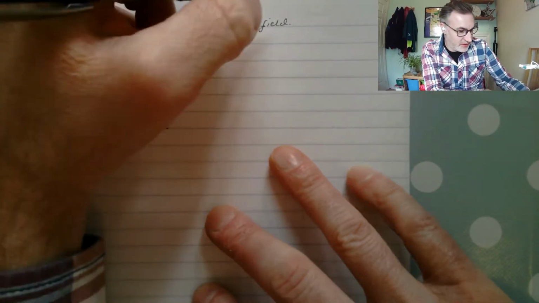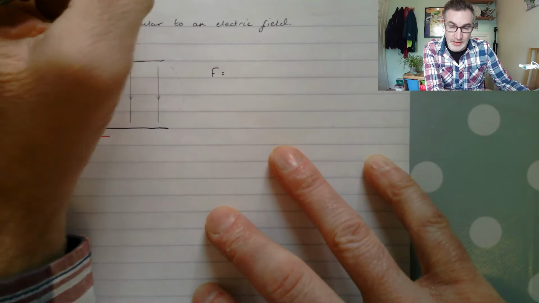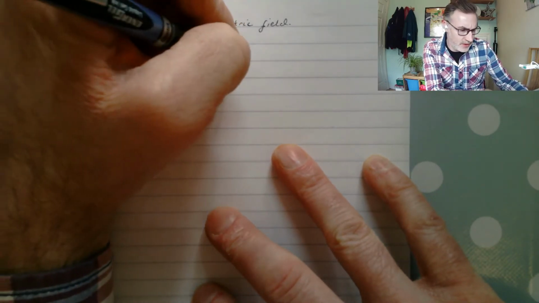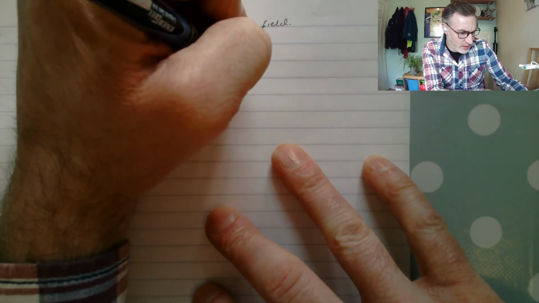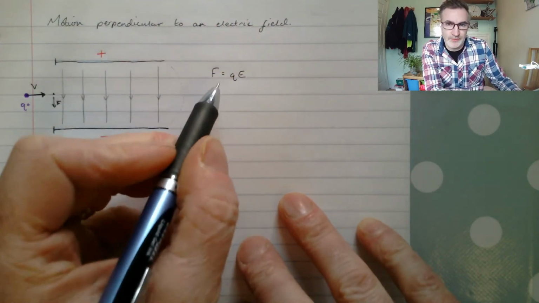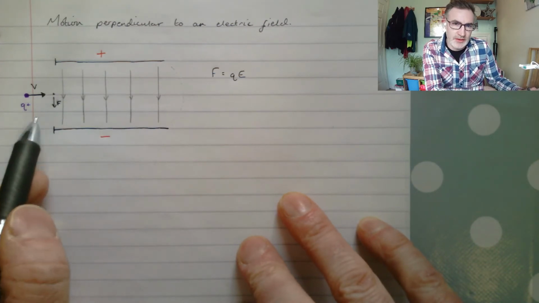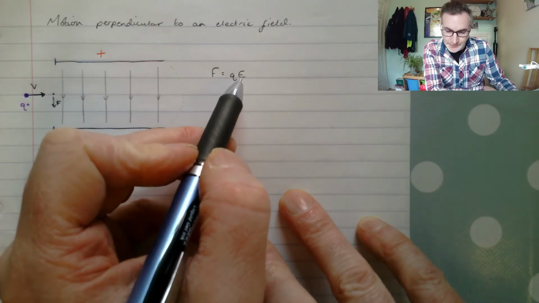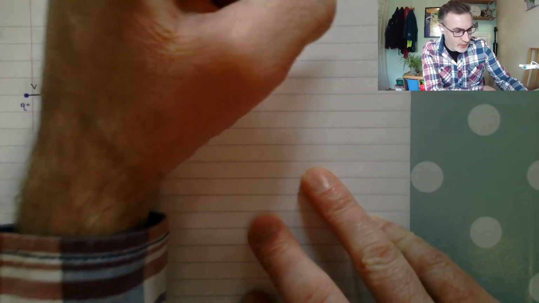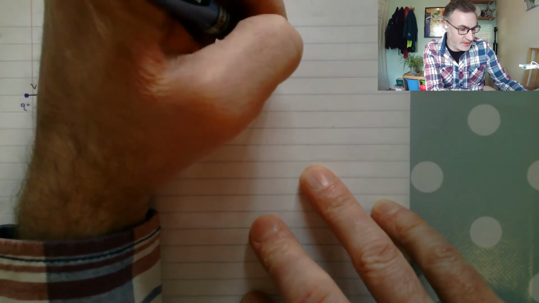In the electric field, earlier we defined electric field as newtons per coulomb, and so we can take that around a wee bit. Again, I'm going to use small q because it's referring to the small q of this particle, but F is equal to qE. We also defined electric field strength in terms of potential difference.